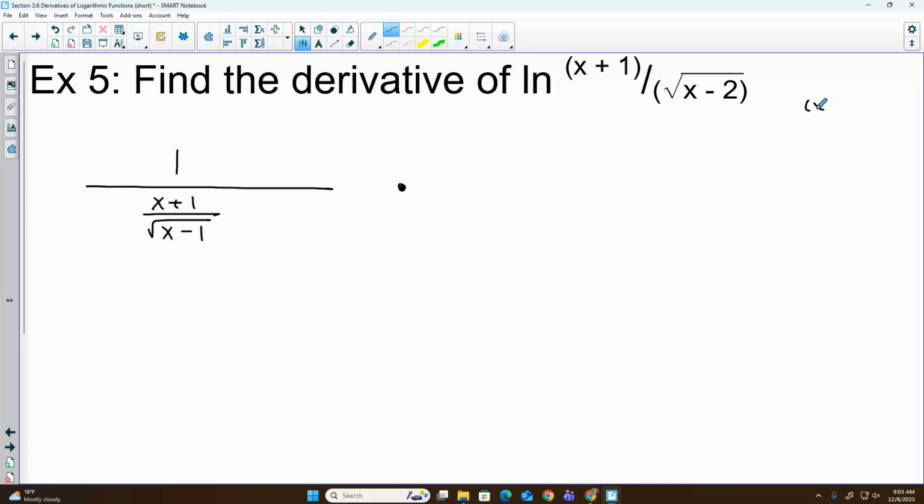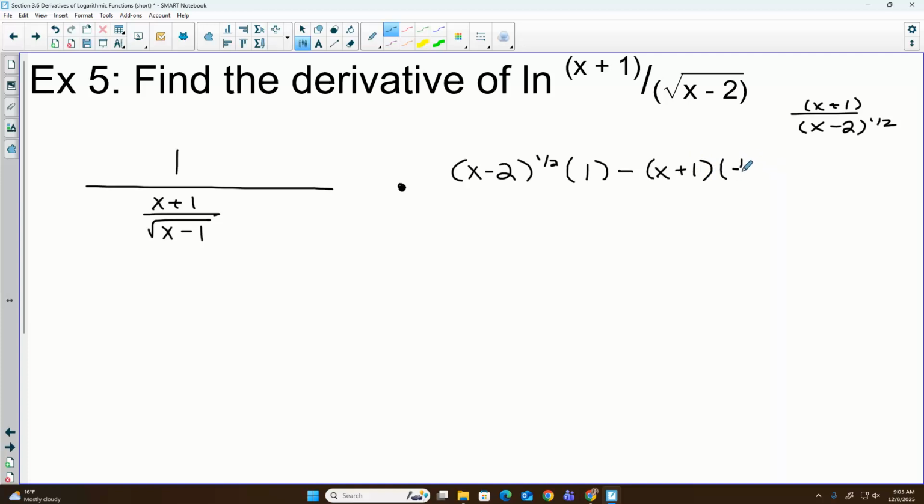So my inside is (x plus 1) over (x minus 2) to the 1/2. So to do that derivative, what do we have to do? Quotient. So low d high, derivative of x plus 1 is 1, minus high d low.